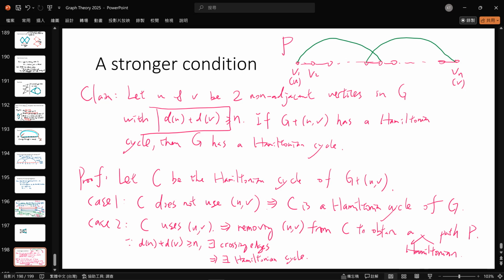Well, the algorithm I had is that if you have a maximal path, then you have a cycle that contains all the vertices on the path. But in order to have a Hamiltonian cycle, the maximal path has to contain all the vertices on the graph. So we don't know how to find a path that contains all the vertices on the graph.